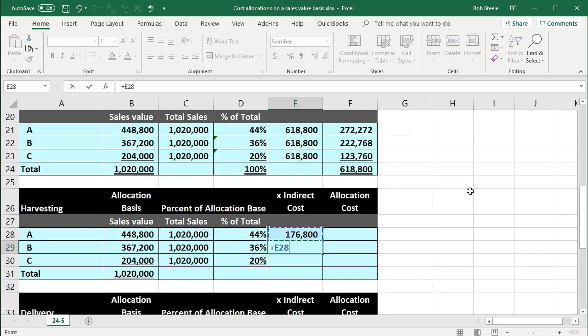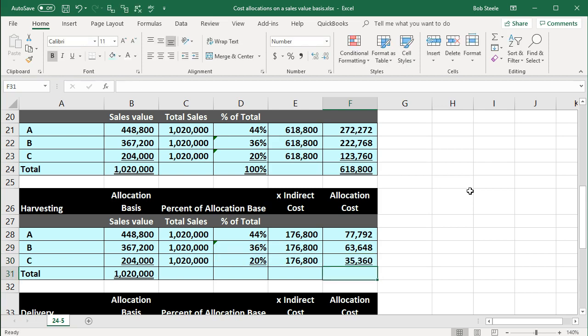And equals that same number. And then we'll multiply this out. So this equals the 44% times the 176.8. This equals the 36% times the 176.8. This equals the 20% times the 176.8. Of course, these percentages add up to, summing them, 100%. And these will add up to our total, if we sum them up, of the 176,800.